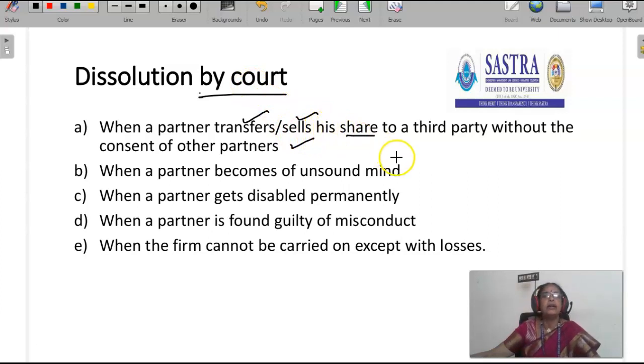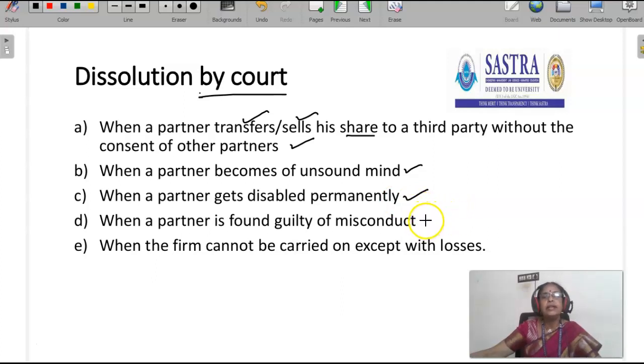will get dissolved. When a partner becomes of unsound mind, if he becomes a lunatic person, then the partnership firm will be dissolved. When a partner gets disabled permanently, if he has any disease and is not able to understand the concepts of partnership, agreement and all, naturally the partnership firm comes to an end.